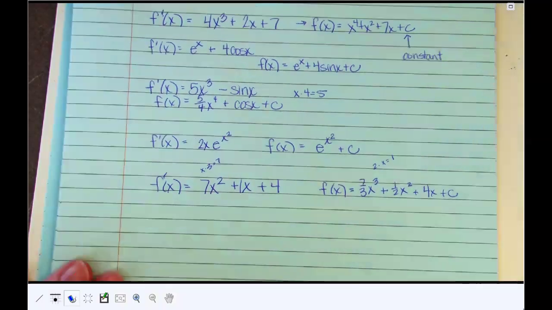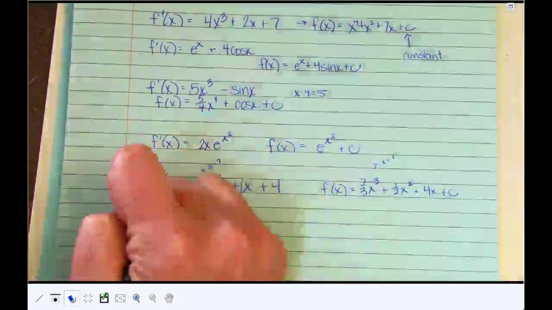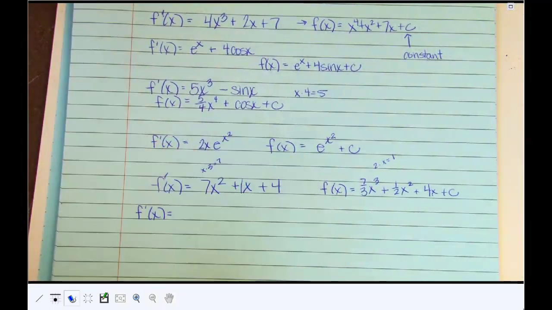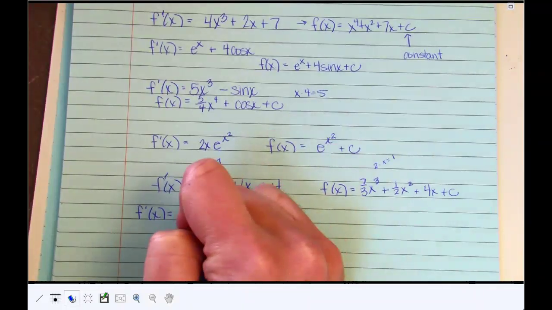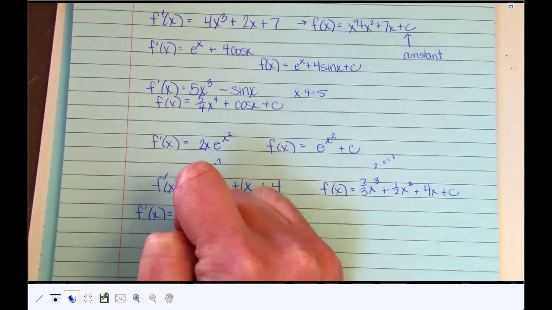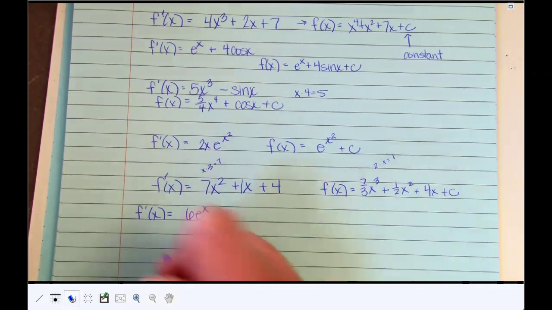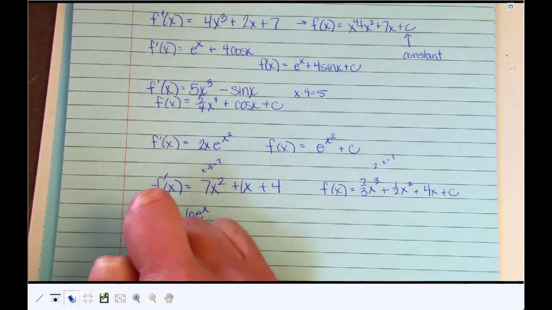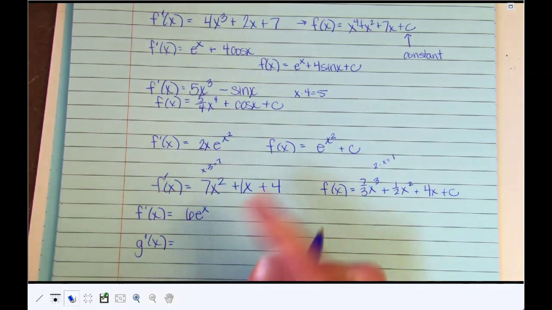Okay. Let's see. Okay, let's try this one. And then let's also try this one. This is 6e to the x.